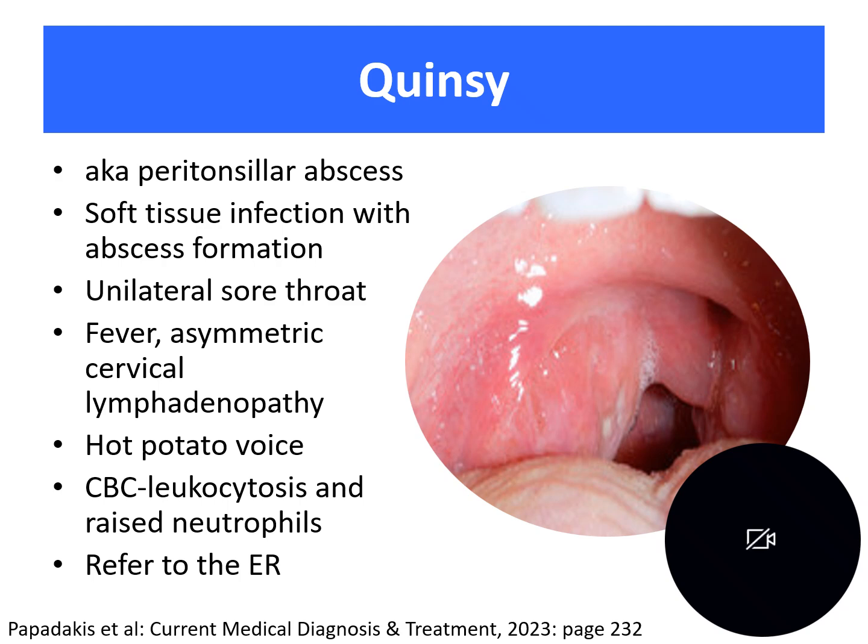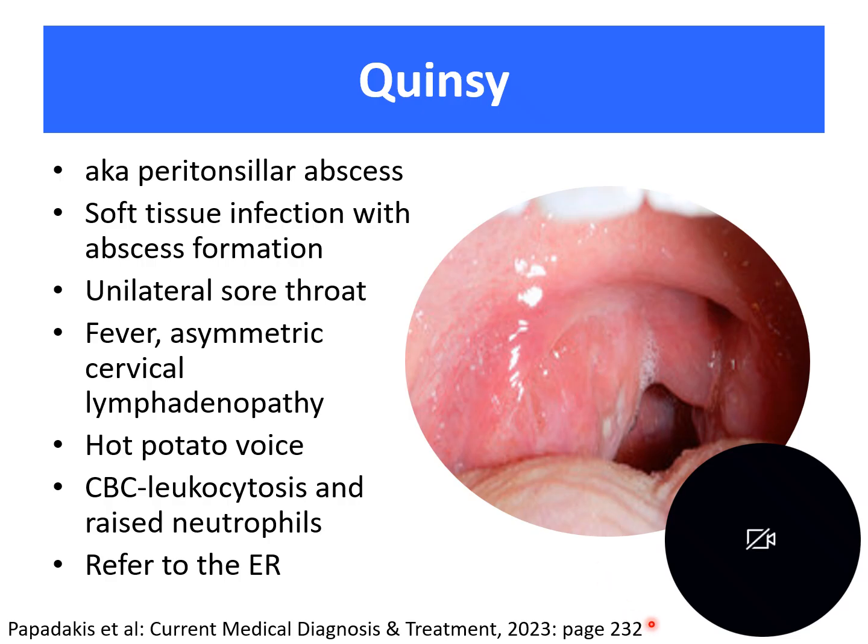Quinsy is different from tonsillitis in that tonsillitis is bilateral, while quinsy is unilateral. It's going to cause a unilateral sore throat. There's going to be fever. There's going to be asymmetric involvement of the cervical lymph nodes. Again, one jugulodigastric lymph node is going to be swollen and tender and warm, and it's going to be on the same side where the sore throat is worse.